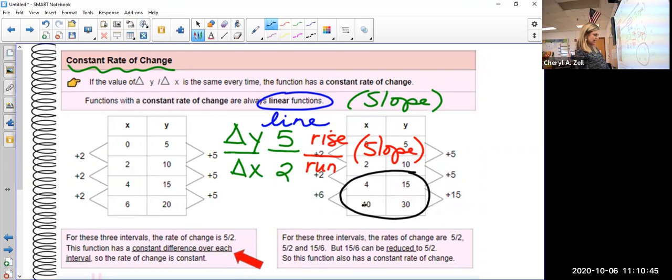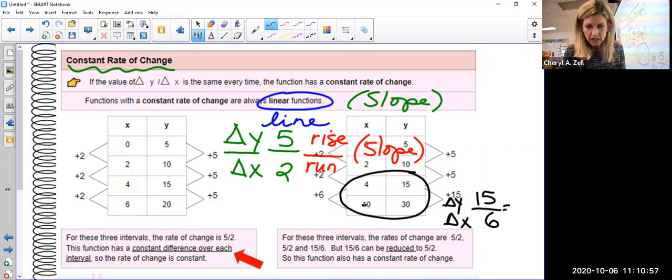So if you take 15 over 6, which is the change in y over the change in x, remember, you can always reduce. So if I divided by 3, I would get 5 over 2.